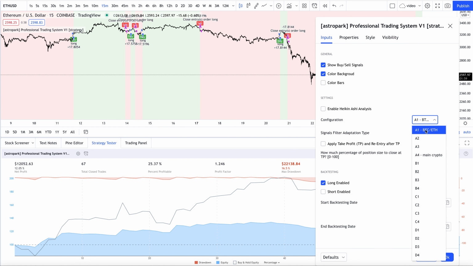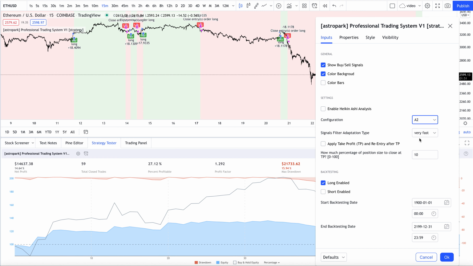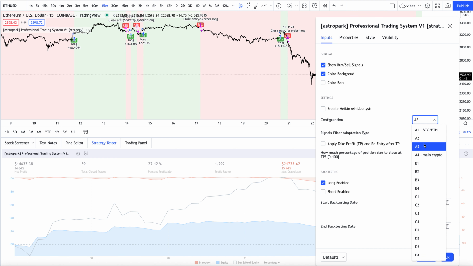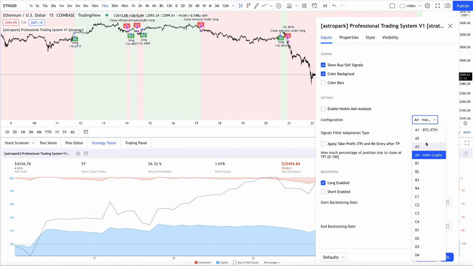But most probably we need to change the basic configuration. So let's say you want to go A2, A3, E4. This is a basic configuration with small differences.